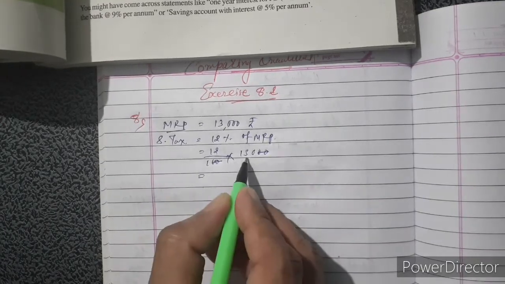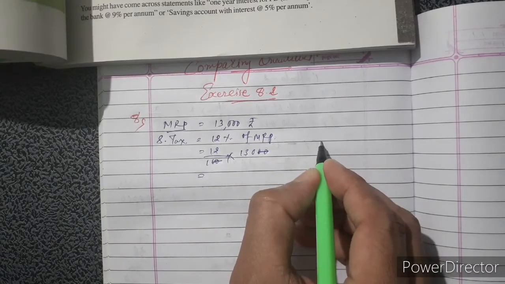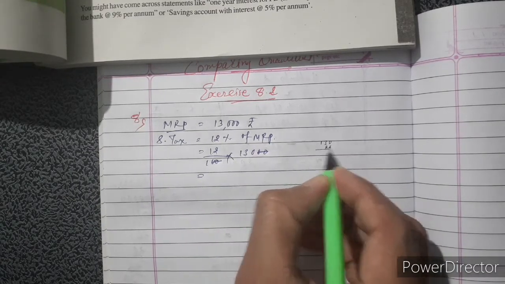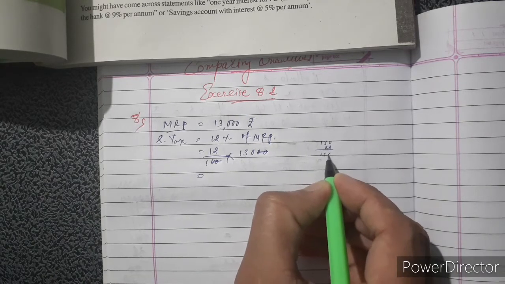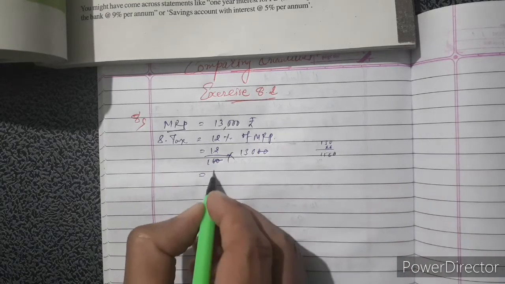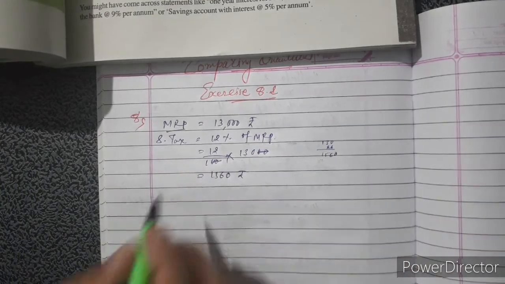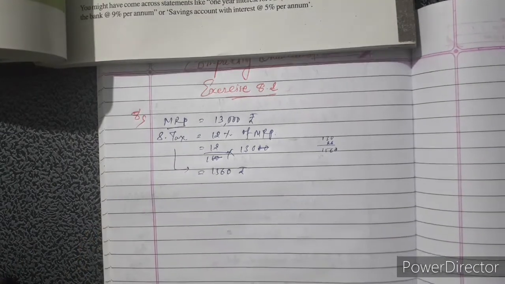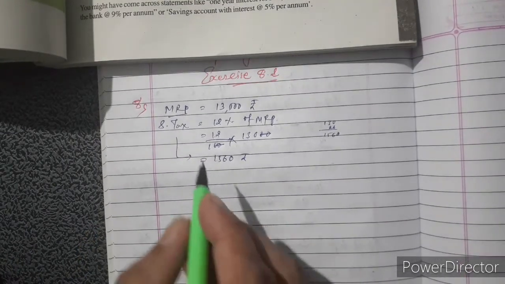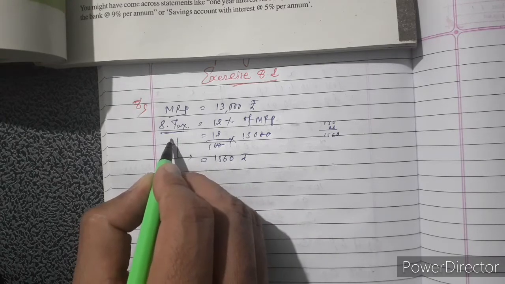Cutting the zeros, 13 into 12 is 156, so 1560 rupees, that is the sales tax. And sales tax is one type of extra additional expense.